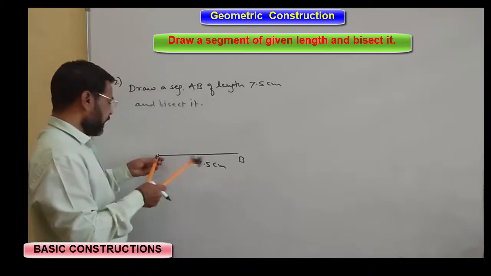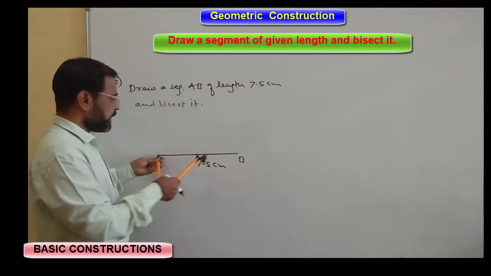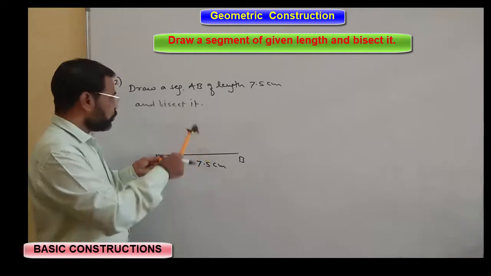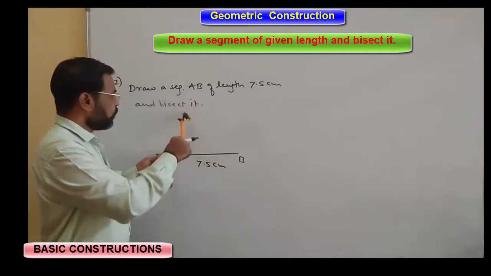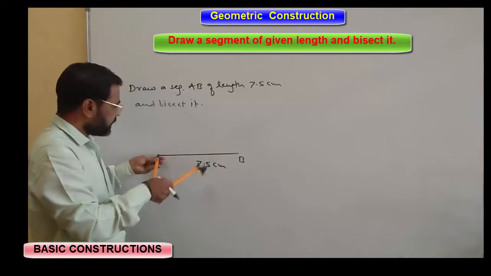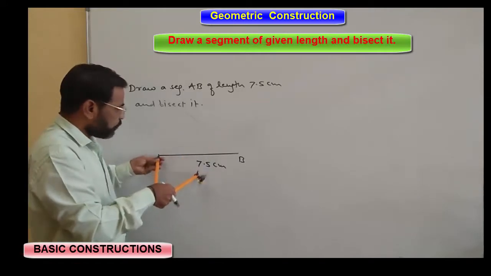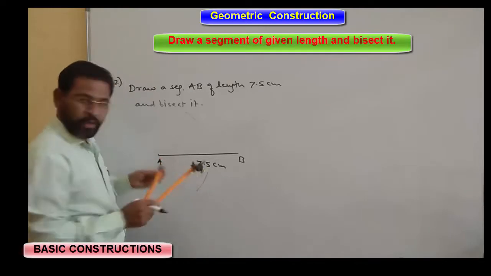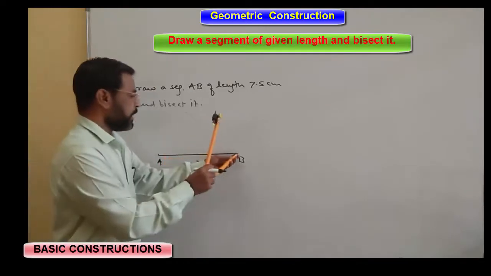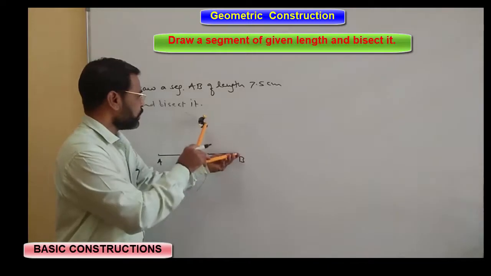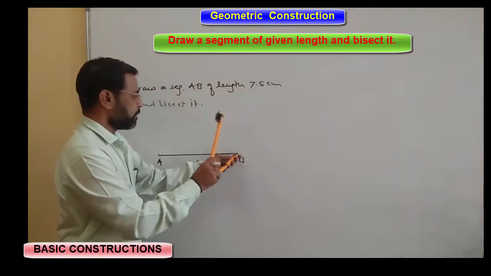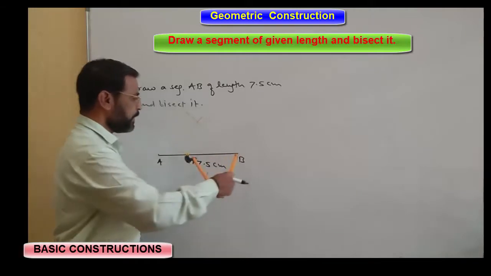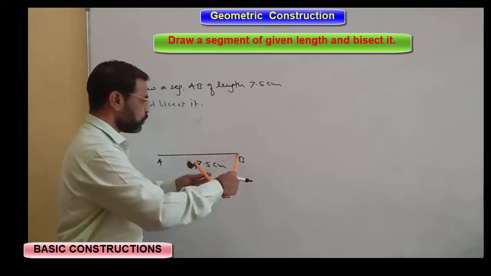See here, from A take more than half, and by this distance we can draw two arcs, one to the upside and the other to the downside. From both sides you can take. Now from B also, draw one arc above, and from B below also.